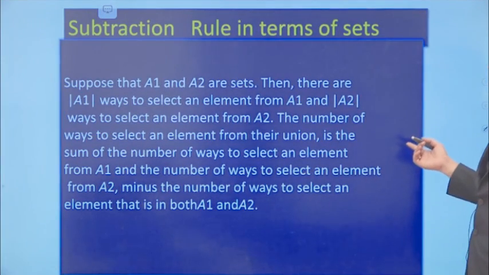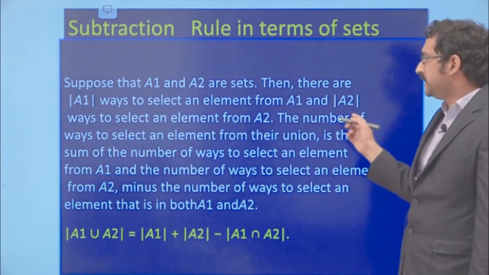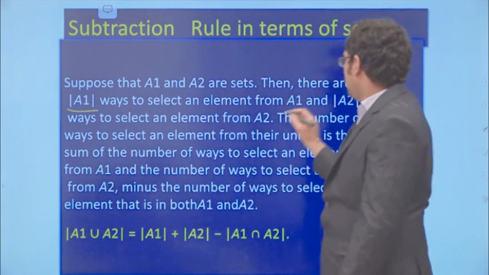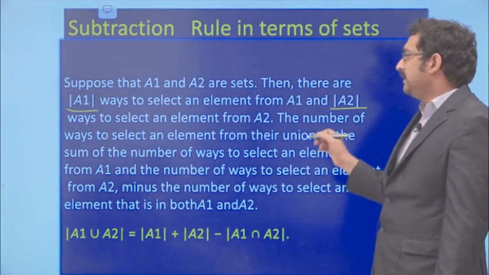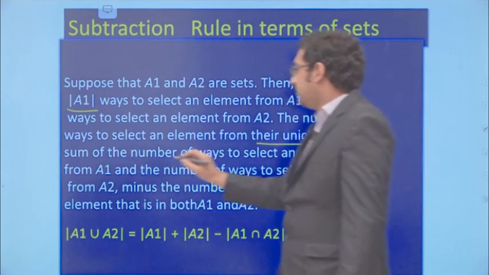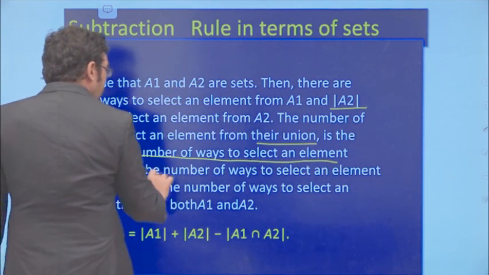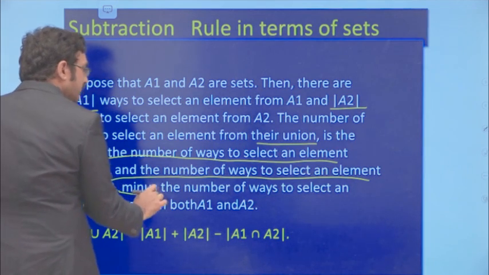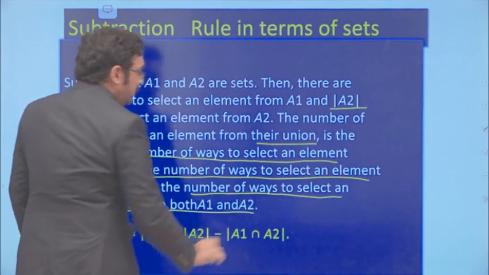So next, the subtraction rule in terms of sets. If A1 and A2 are 2 sets and there are mod A1 ways to select an element from A1 and mod A2 ways to select an element from A2, then the number of ways to select an element from their union is the sum of the number of ways to select an element from A1 and the number of ways to select an element from A2, minus the number of ways to select an element from both A1 and A2.